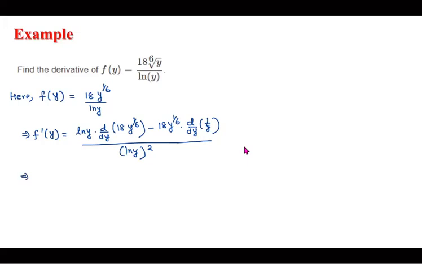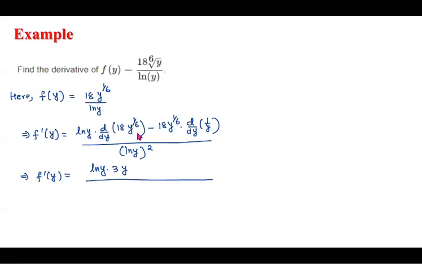Okay, so this implies the derivative would be equal to, I'll write the numerator there. So we have the natural log y as it is. And then to find the derivative of this one, I need to use the power rule. If I use the power rule, this 1/6 will come in front and multiply with 18. So 1/6 of 18 is 3.